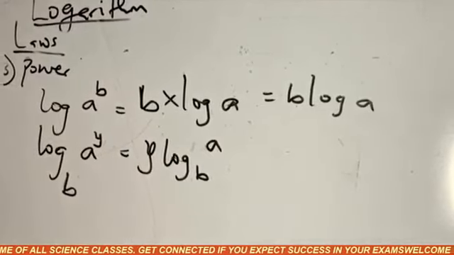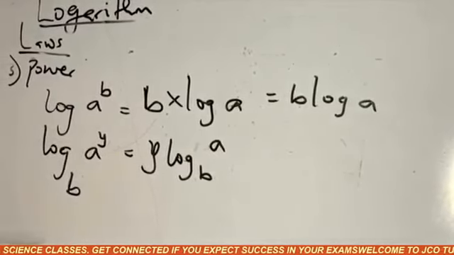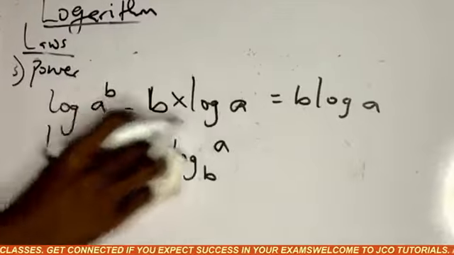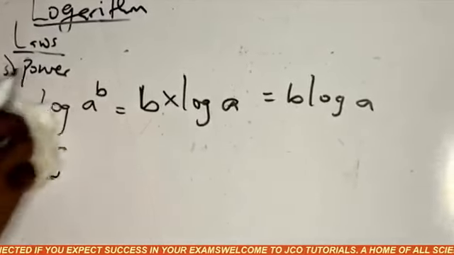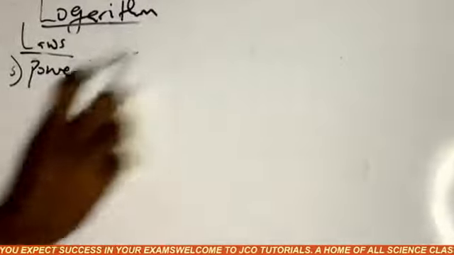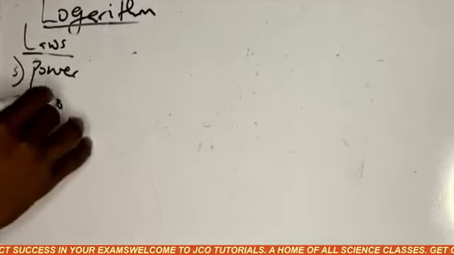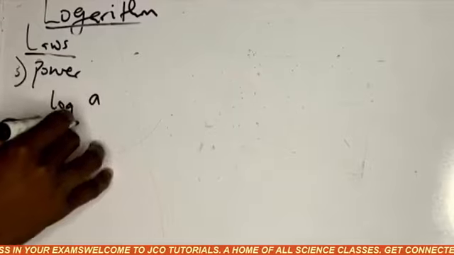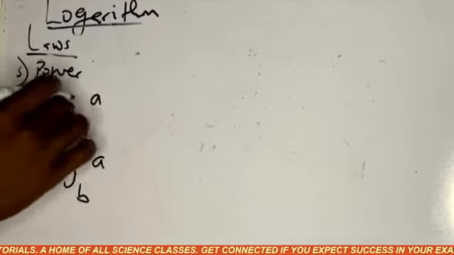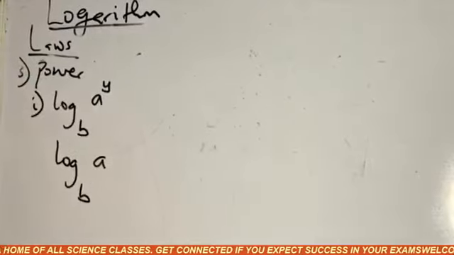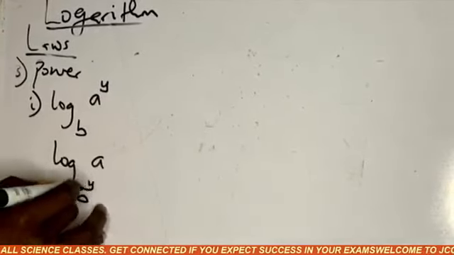Now, I could also have another case. Let me show you side by side so you will see it. If I have log a base b, and another case log a base b. But you see, in this first case, the power is on the a, but here the power is on the b.